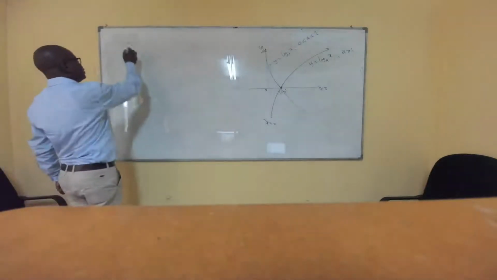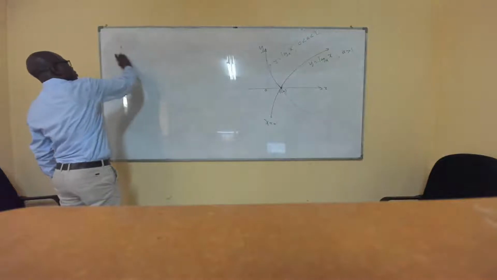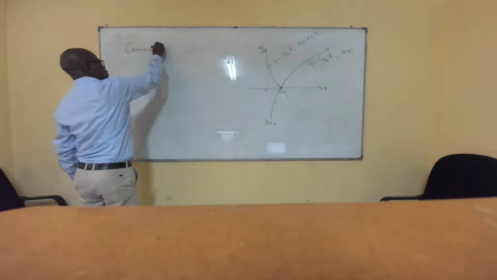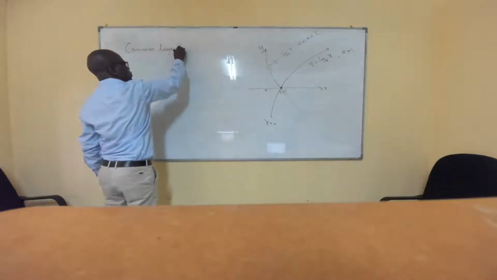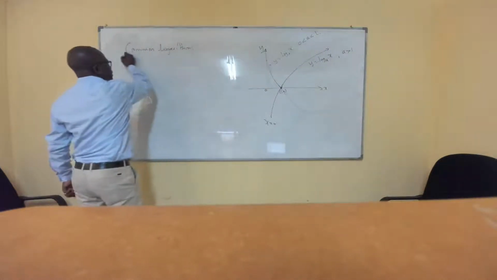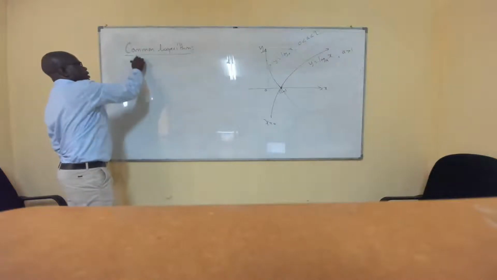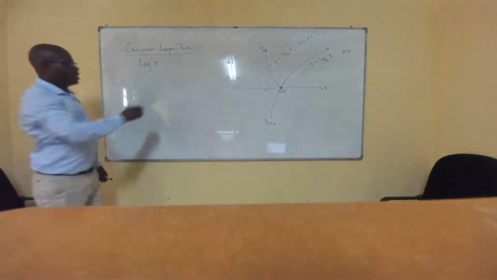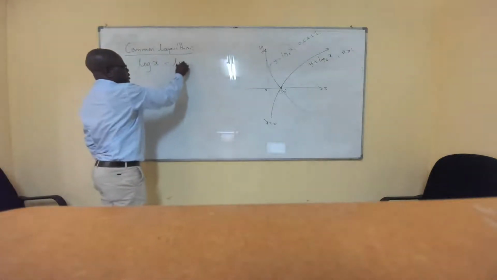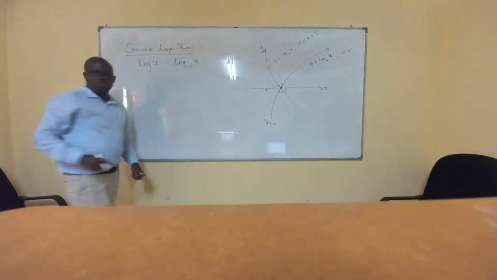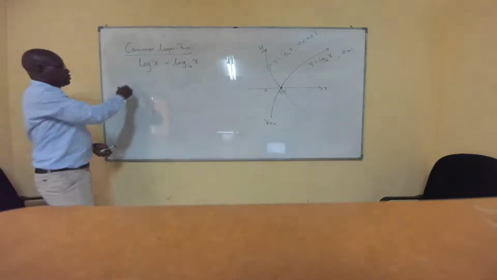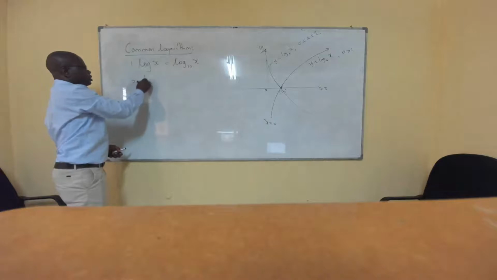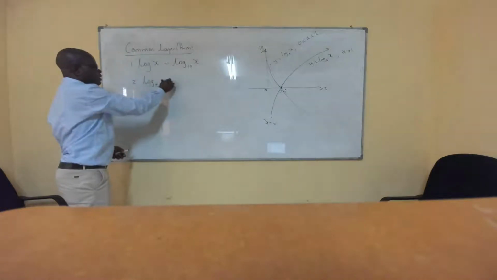Of course, before I do that, we have what we call the common logarithm. On your calculator, it will be written like log of x, but it should be understood that the base is 10. Similarly, you can have log to base e of x.